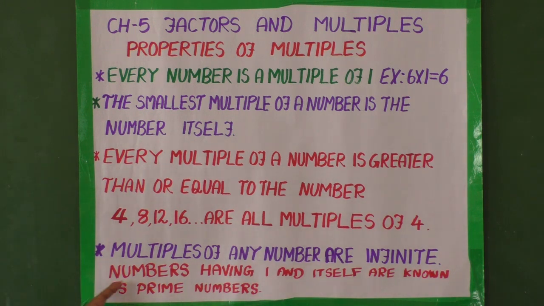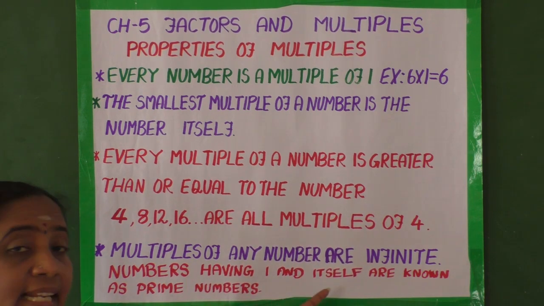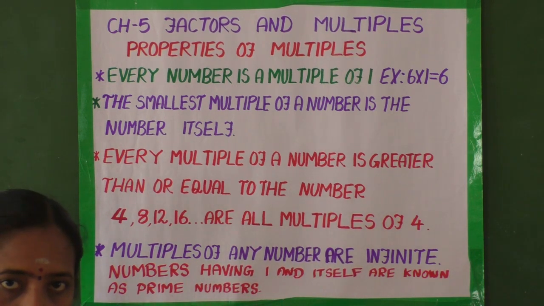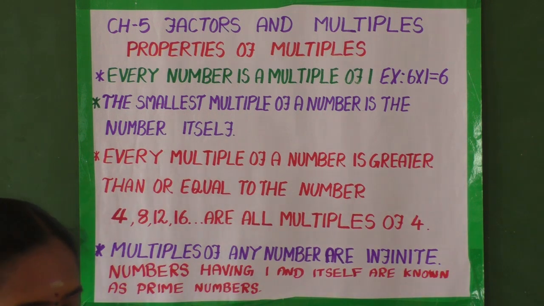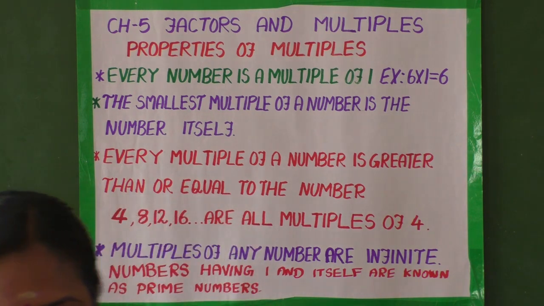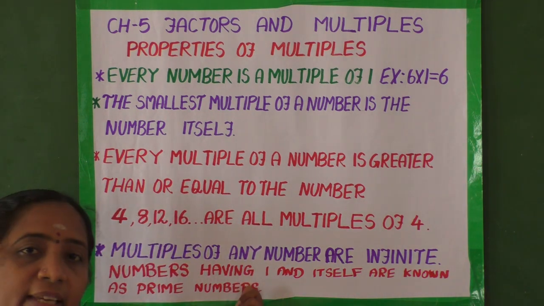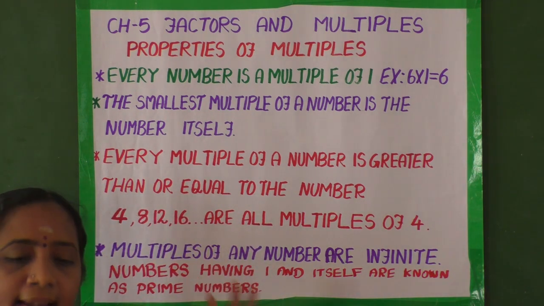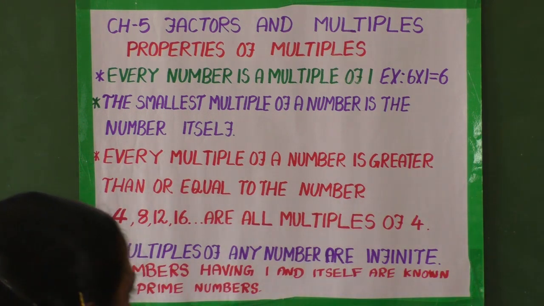Prime number means which number? Numbers having 1 and itself as factors are known as prime numbers. No other factors. Here factors will come.